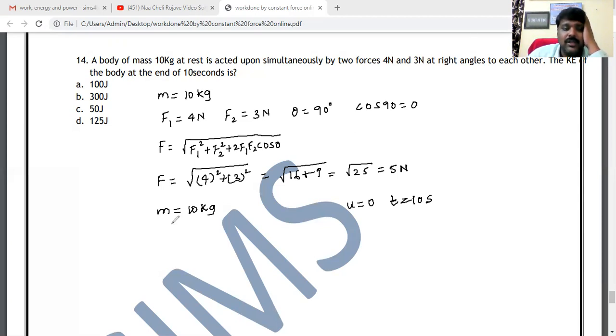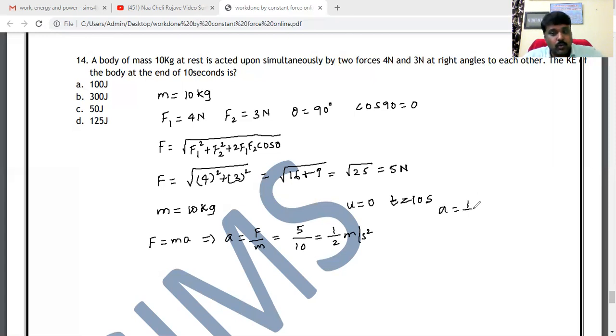According to Newton's second law of motion, we have F equals m into a. From this, we can write a equals F by m. F is 5, m is 10.